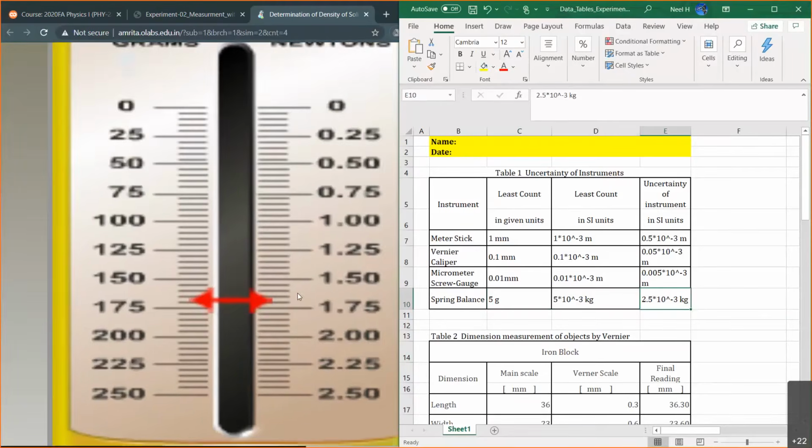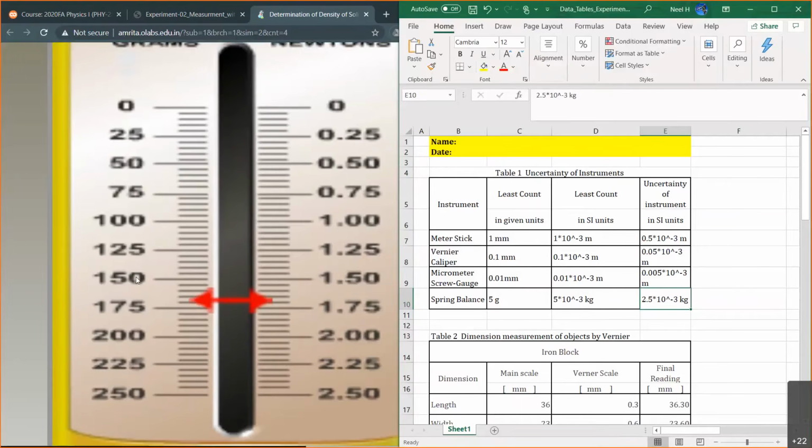Now let's measure this one. To measure that, all we need to do is read this red arrow on your left-hand side scale. Now you can see this red arrow is in between two small lines. This is an analog type measurement. Because of that, I can actually estimate in between two lines, right?